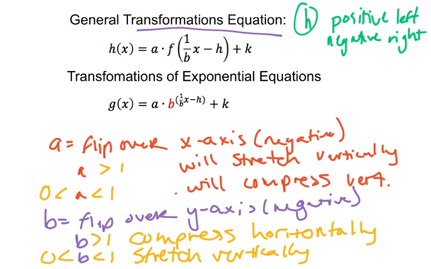The idea is that we're examining this entire statement. So we're actually talking about if negative h is positive, which is just the opposites, but pretty much we're just talking about left and right is opposites. And then over here for k, that one is exactly as it is, so up for positives and down for negatives.